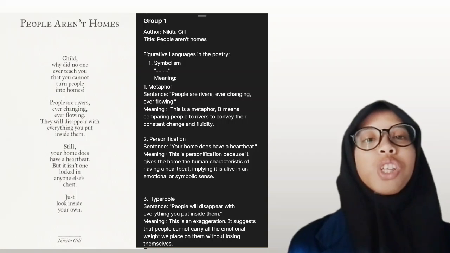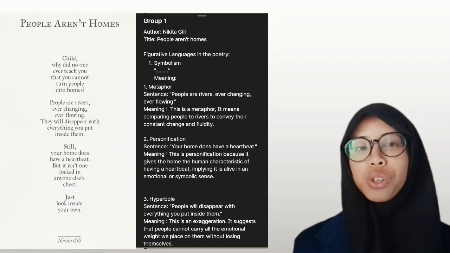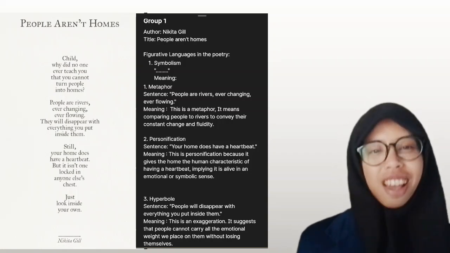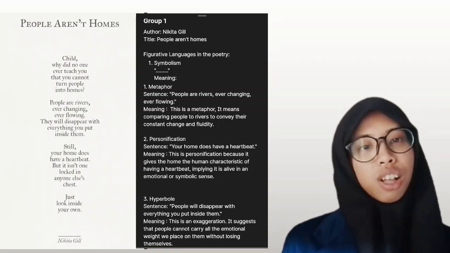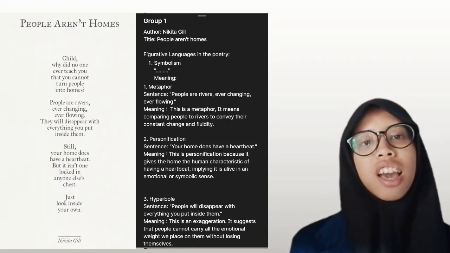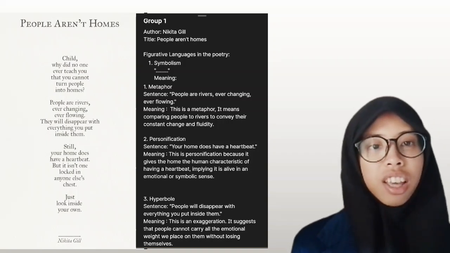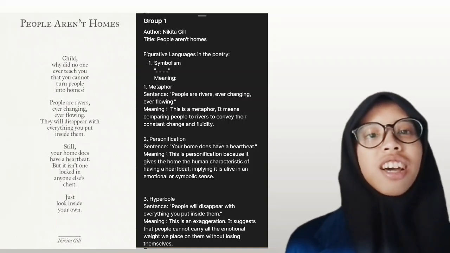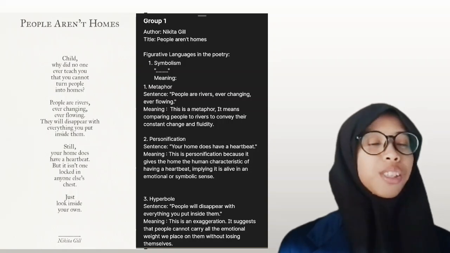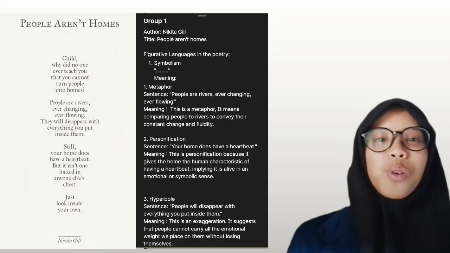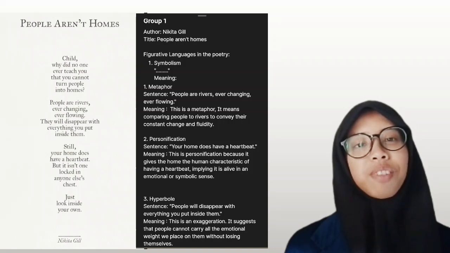So the word child here does not refer to a literal young child, but rather to an aspect of oneself that is still emotionally undeveloped or unstable, someone who might seek security and comfort from others instead of finding it within themselves. I think it's enough. Great job, group 1.